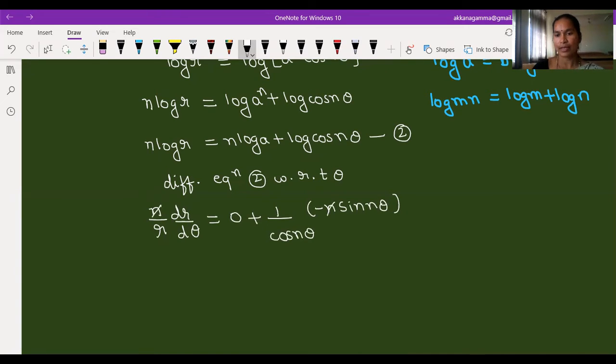As we know, for the angle between the radius vector and the tangent, we have cot of phi equal to 1 by r into dr by d theta.